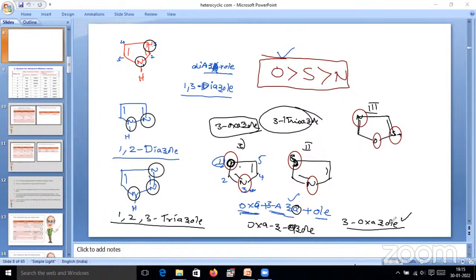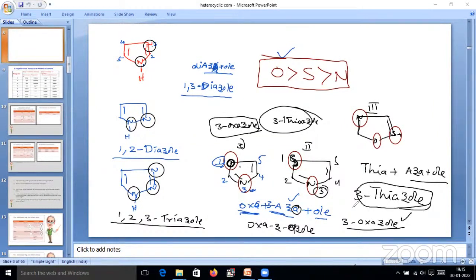You can write it 3-oxazole. In case of this molecule, first one, second one, third one, fourth one, fifth one. First you write thia, plus aza, plus ol. So the position of nitrogen is 3. 3 is the substituent, thiazole.